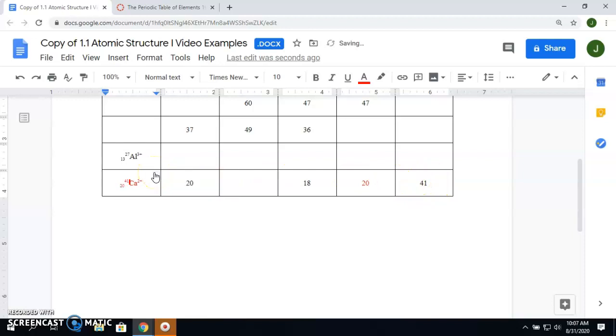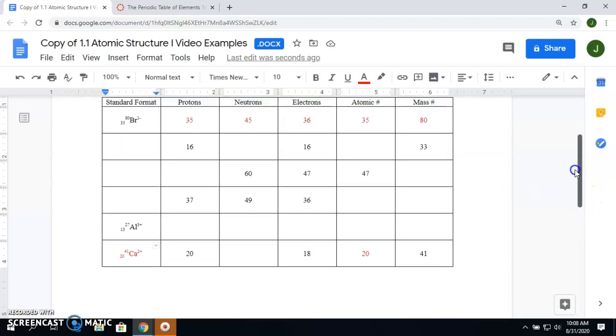So I'm going to put 41 right up there. So now we've reported everything that we can ever report in standard format. Just to review, that's symbol, atomic number in the lower left-hand corner, mass number in the upper left-hand corner, charge, if it has one, in the upper right-hand corner.